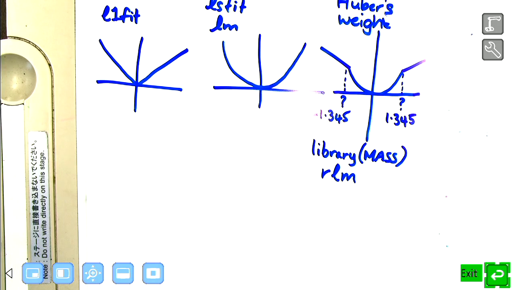Buy the skinny milk, right? So if you're going to use least squares, you've got to have a healthy lifestyle in other ways. So clean your data of outliers, okay? What L1 does for you and RLM does for you is it allows you to be less worried about those outliers, because they deal with the outliers somewhat automatically, okay?